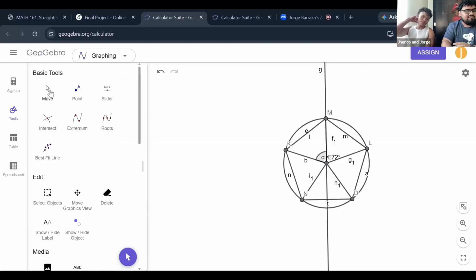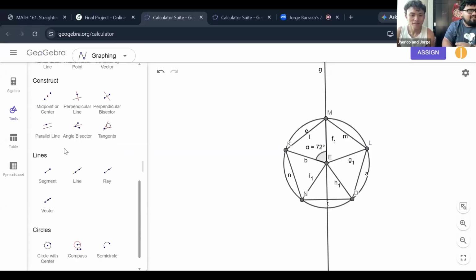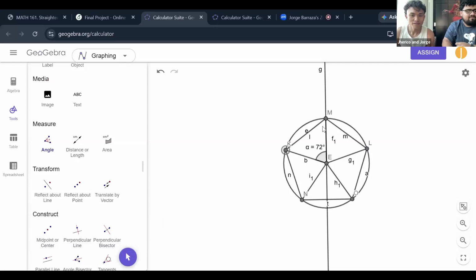So this shows that the angle 72 is also a constructible angle, because we were able to construct it again only using the straight edge and compass. And in addition, we also have that the angle 54 is also a constructible angle.